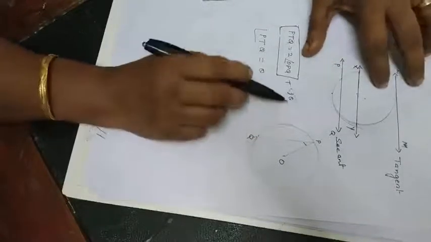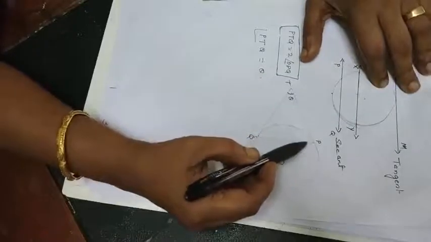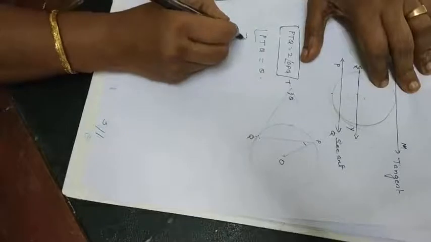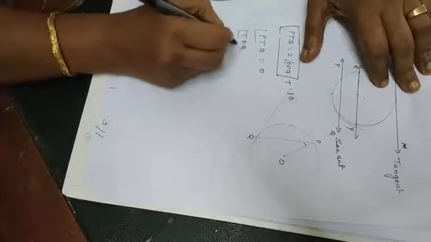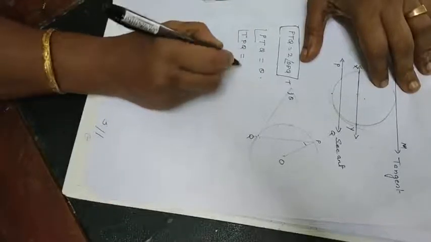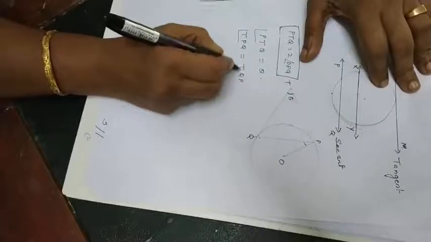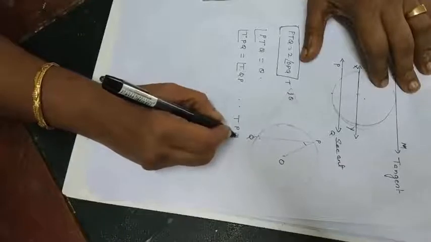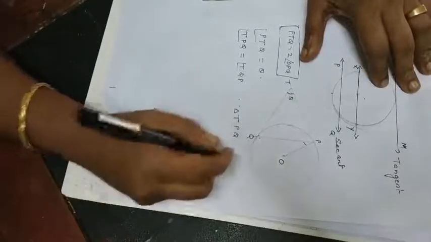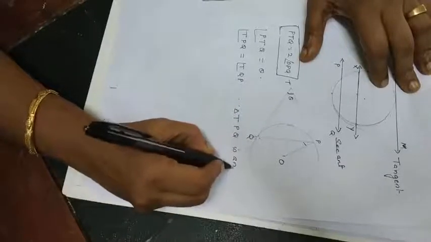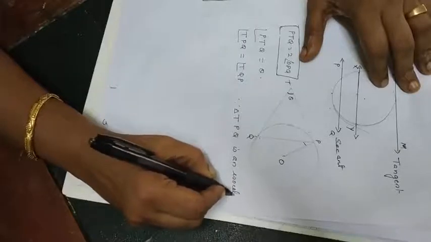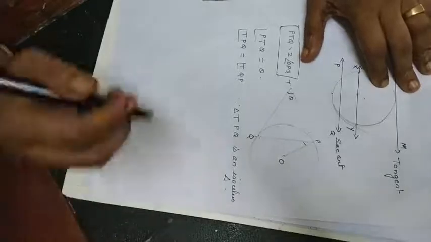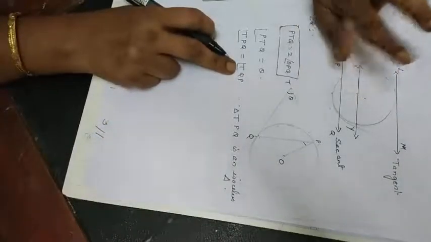So in an isosceles triangle, the base angles will be equal, that is angle TPQ is equal to angle TQP, because the triangle TPQ is an isosceles triangle. Now both of them will be equal.